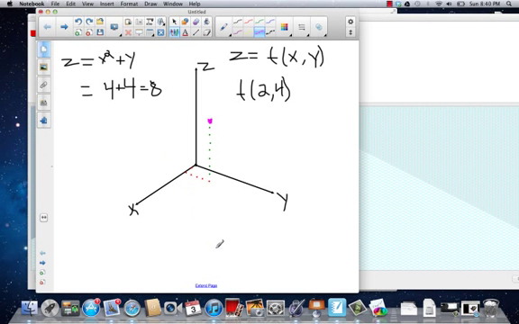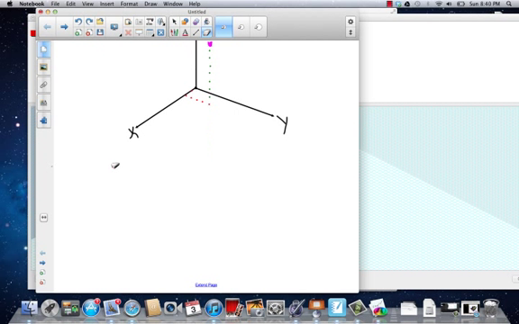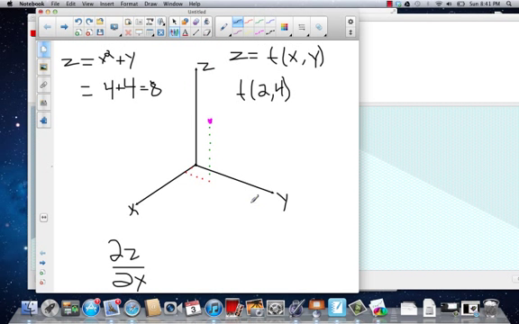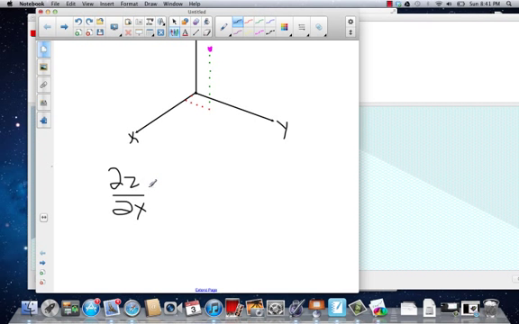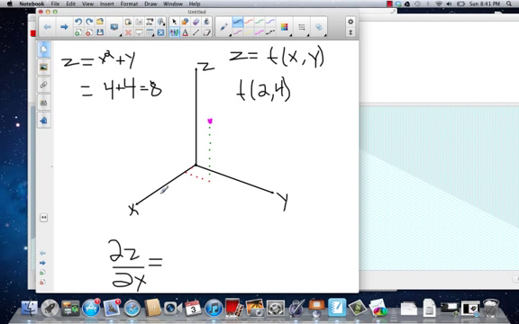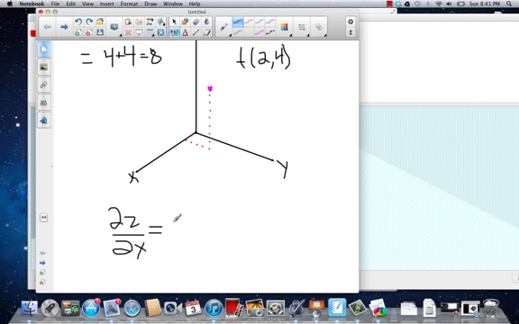When we take the partial derivative of z in terms of x for the equation that we had above, which is x squared plus y, this would mean that we are holding y as a constant. So we would get 2x.